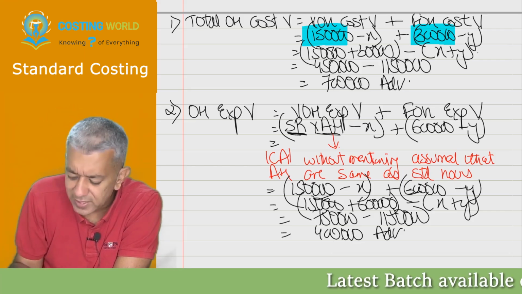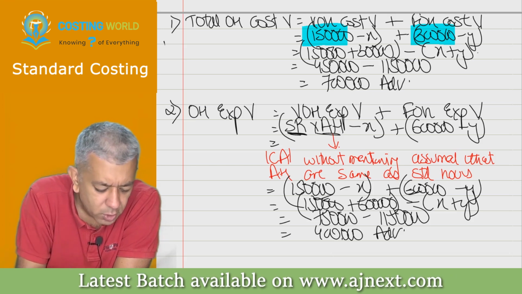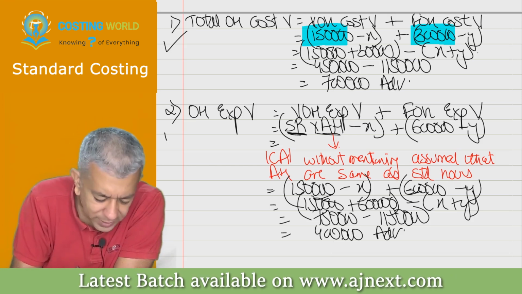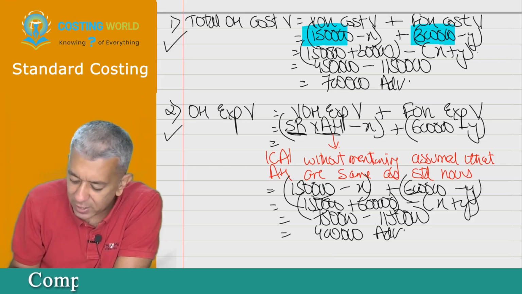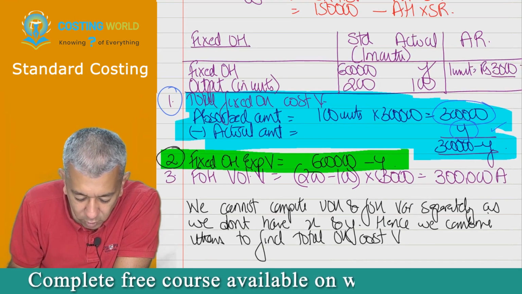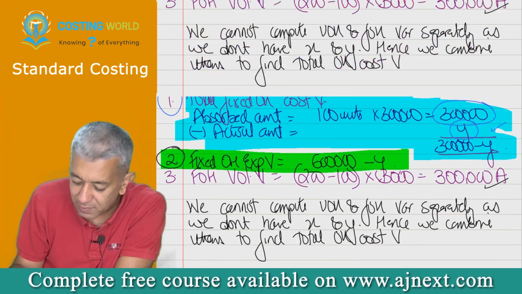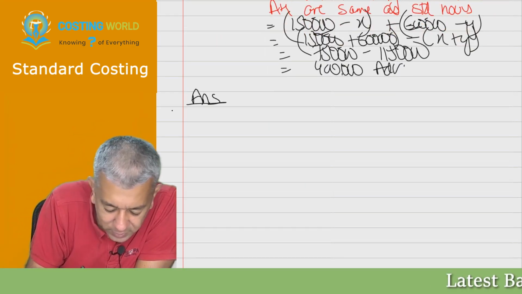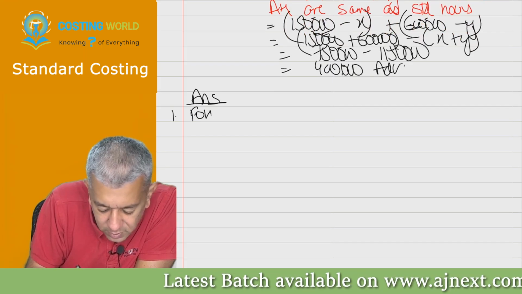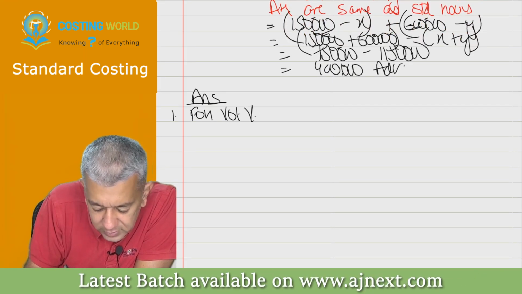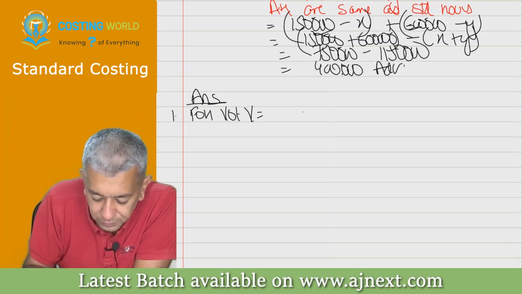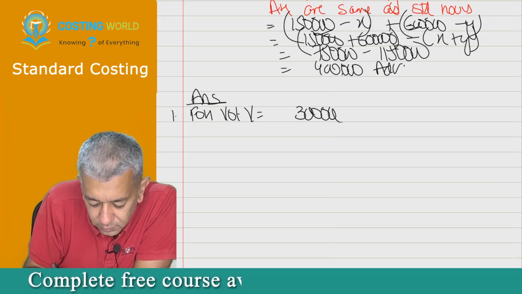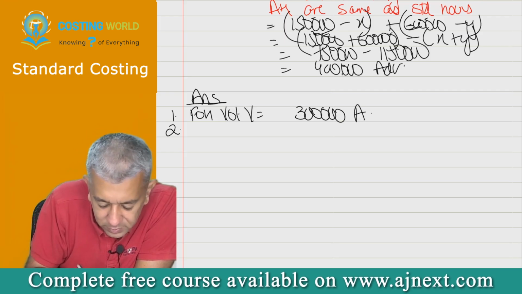Now whatever those guys had asked, we have actually finished it. Total overhead cost variance you all asked, overhead expenditure variance you all asked, and those guys had asked you for overhead volume variance. In this case we have done it. I am writing the answers once towards the end, so that everything is at one single place. You all write down first fixed overheads volume variance, 3 lakh adverse.